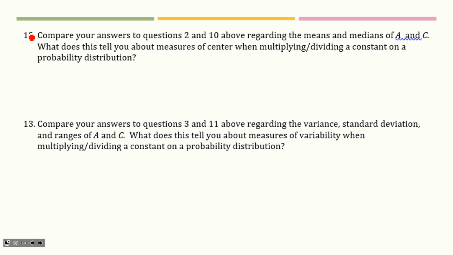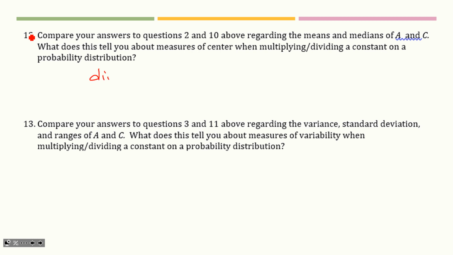So number 12. When we compare our answers about means, medians for number 2 and 10, you're going to notice that the mean and the median in number 10 is literally the mean and the median from number 2 just divided by 2, right?